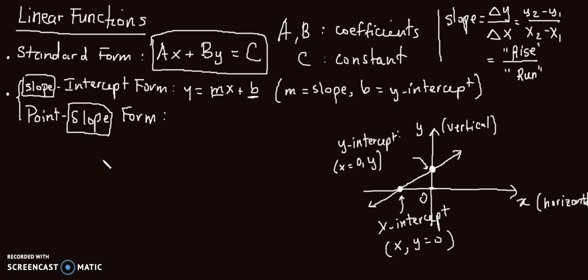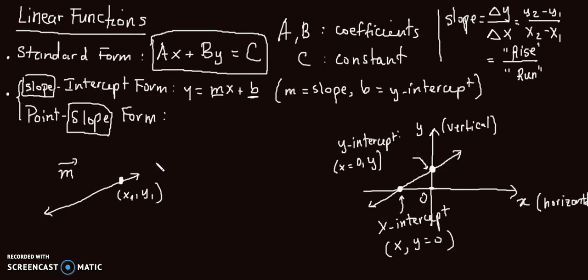The other case is when you have a slope m, and your line goes through a point that you already know, let's say x1, y1. So you have the slope, which gives the direction of your line, and the line goes through the point whose coordinates you already know.